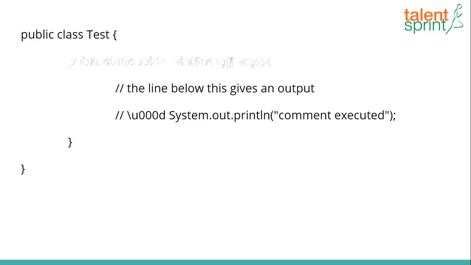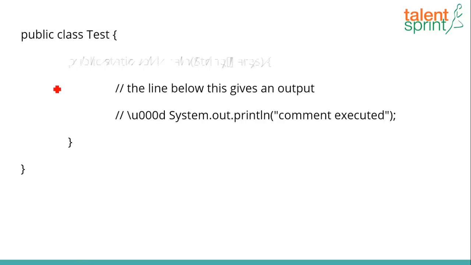So the slide you see here has public class test. Now the next line is generally public static void main String args. So assume that we have public static void main there, and then the next 2 lines inside the code are 2 comments. Now what will be the output of this code?